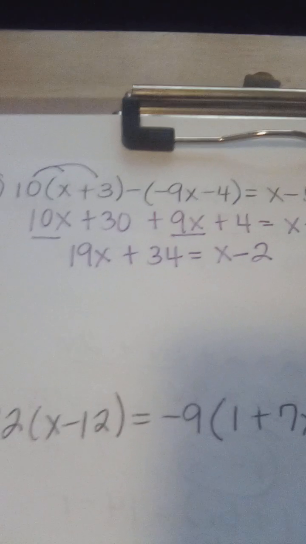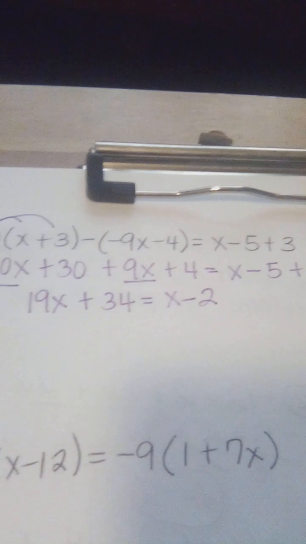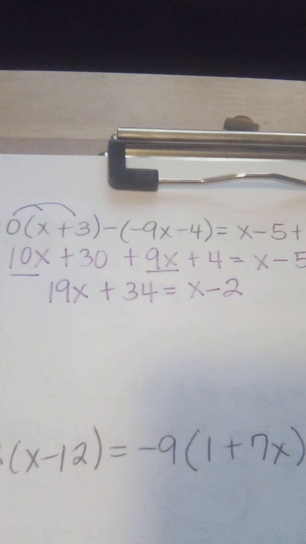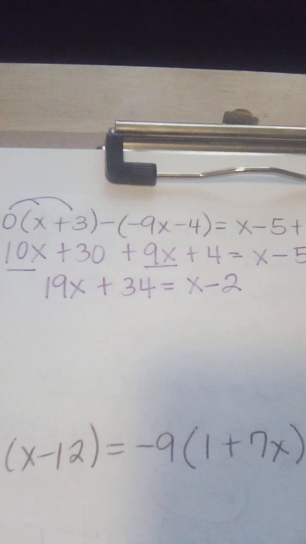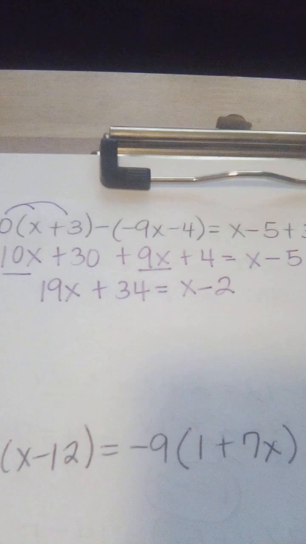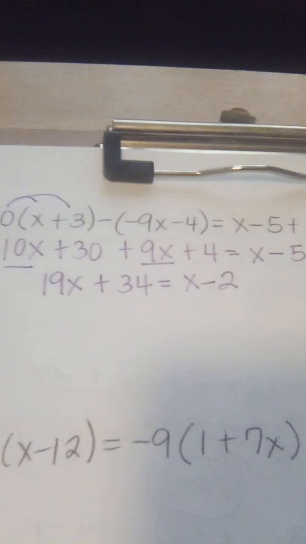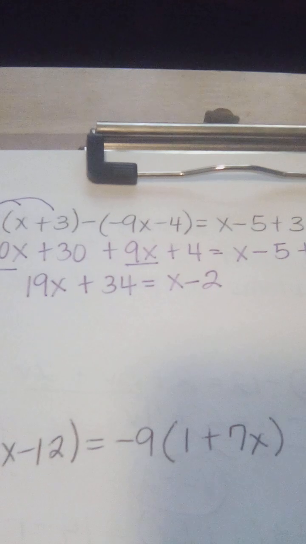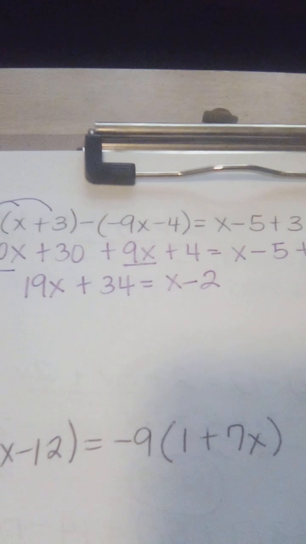All right. So far, we've cleaned it up just a bit, right? Very good. What do we do next? First things first, we put the variables together. Let's look on the right side. Do we add or subtract x to both sides? We subtract.